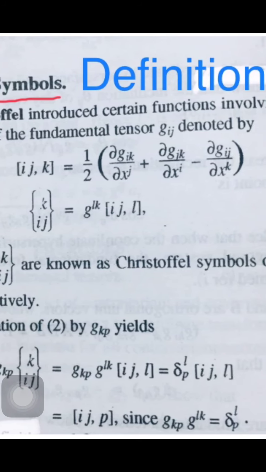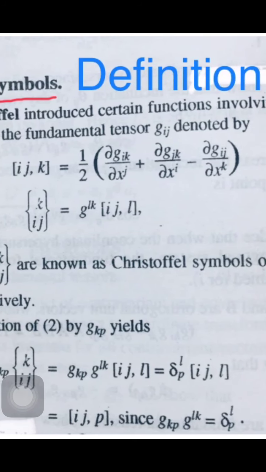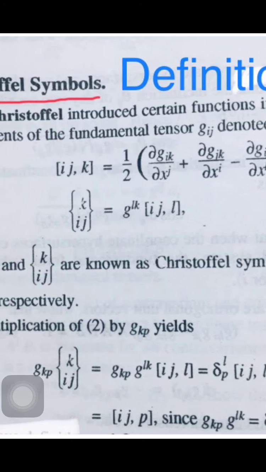These are the two forms in which we represent the fundamental tensor relation. The first is [ij, k], in row notation, and in the second, {k over ij}, is in column representation. Both are known as Christoffel symbols of the first and second kind.